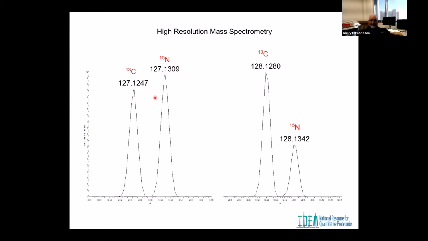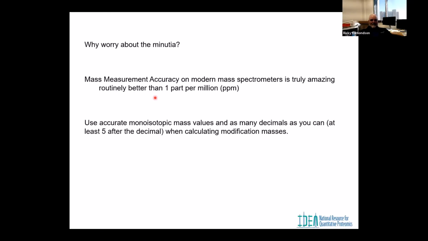It's really neat that we can do this because it allows us to multiplex, but why is that? We added a couple of neutrons, so why don't they both weigh the same? And why would we want to worry about this? Well, the mass accuracy is really high. It's greater than 1 part per million.